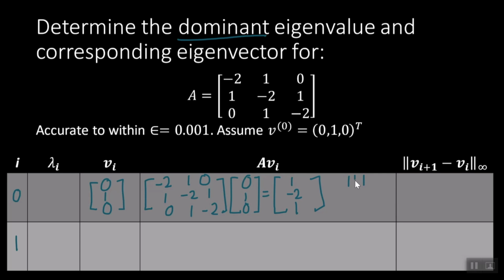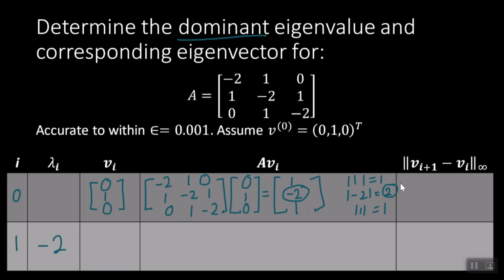So the absolute value of 1 is 1, absolute value of -2 is 2, absolute value of 1 is 1. So the highest magnitude would be 2. And we would take the value of the entry with the highest magnitude. So the value of the entry with the highest magnitude is -2.